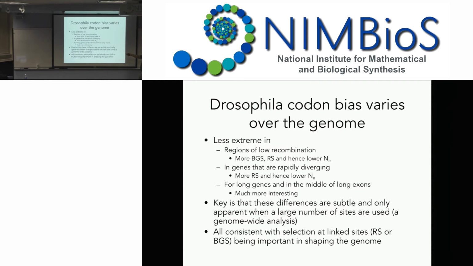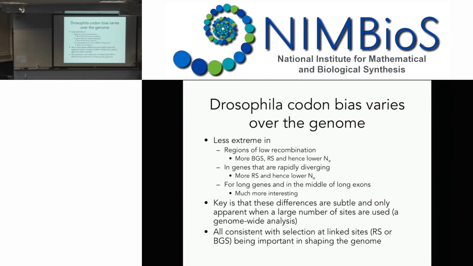One explanation is, if I'm in the middle of a long exon or in a long gene, I've got a lot more sites nearby which can mutate to deleterious sites or advantageous sites. So in those regions, I have more of an opportunity for background selection or for recurrent selection, both of which would lower my effective population size, both of which then would basically decrease my codon bias.